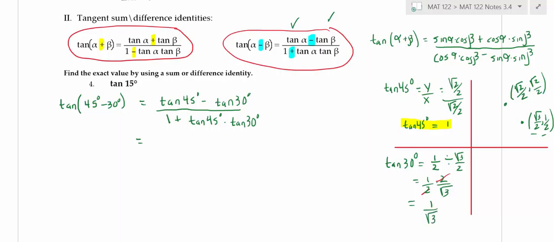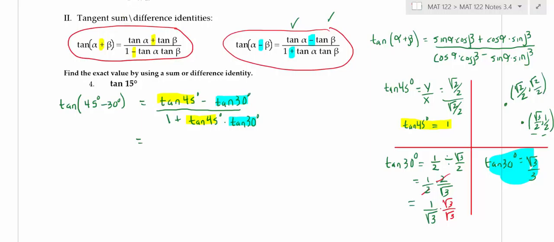Then if we rationalize that denominator, and of course you can do this in your head if you want to, you end up getting that the tangent of 30 degrees is equal to the square root of 3 over 3. So we're going to utilize that back in the identity also. Basically, everywhere we see tangent of 30, we're going to replace that with square root of 3 over 3. And everywhere we see tangent of 45, we're going to replace that with 1.